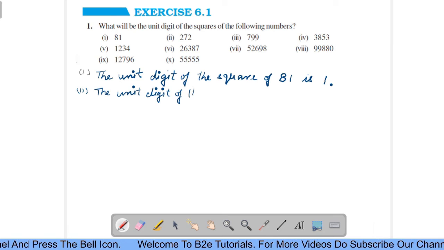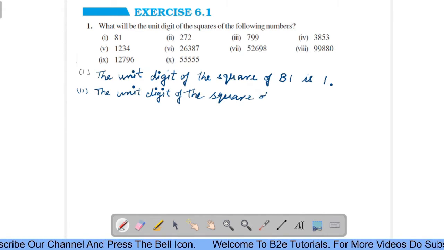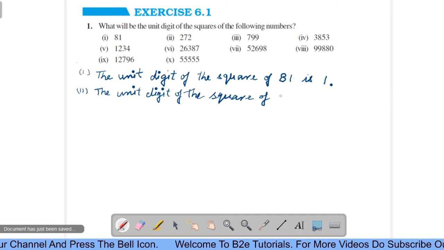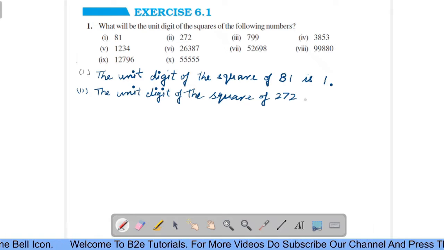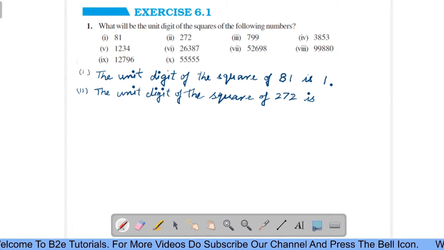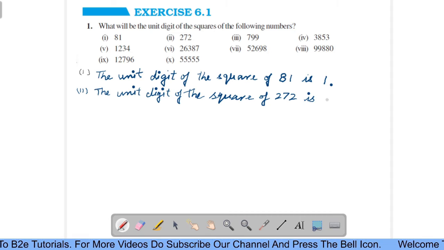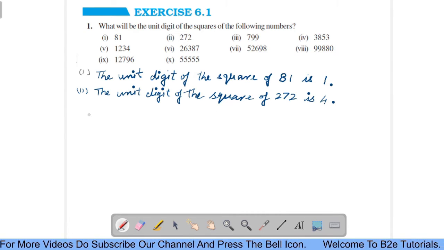Now, second part, the unit digit of the square of 272 is: here the unit digit is 2. The square of 2 is 4. Your answer is 4.